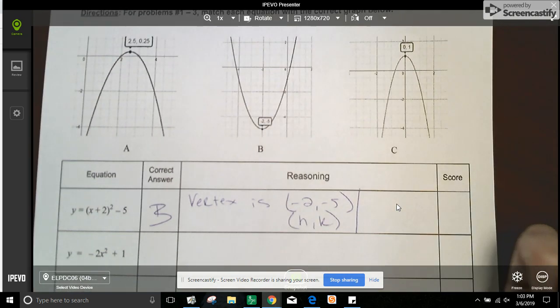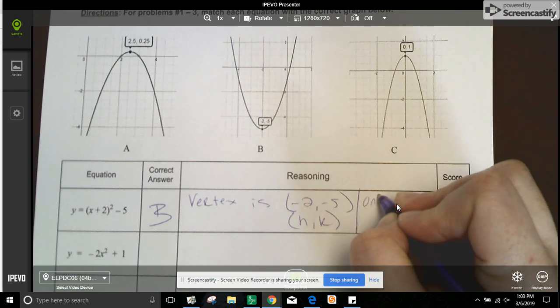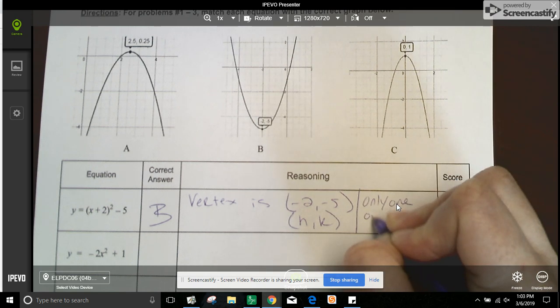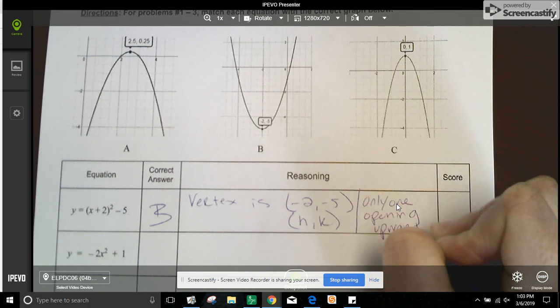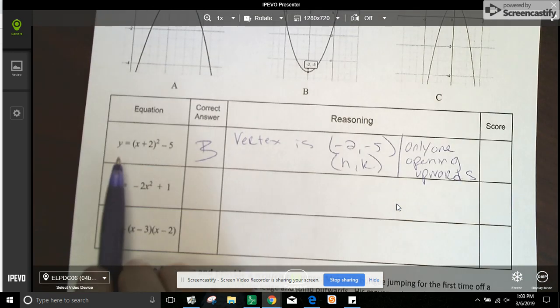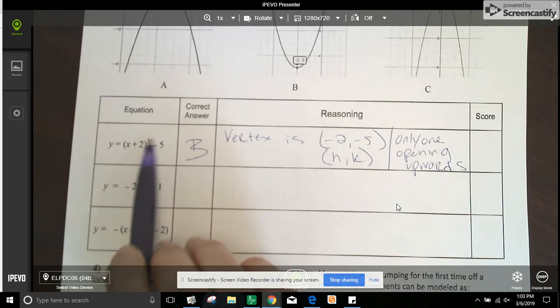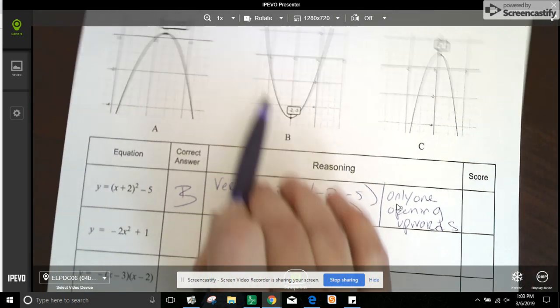So you could have said something about only one opening upwards, however you want to phrase it. But this was the only positive A, so then that one had to be with that graph because this one's opening up.